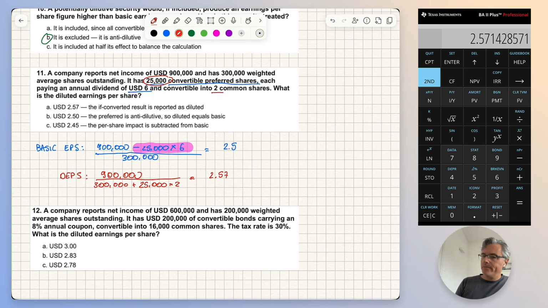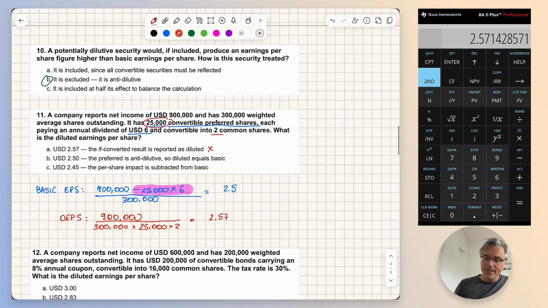Now, the computation thus far is absolutely right, but 2.57 is not the right answer. You don't just take the number from the if-converted method and plug it in and say that's the DEPS, because you have to check whether it isn't by any chance higher than basic EPS. And that's exactly what we had in question 10.